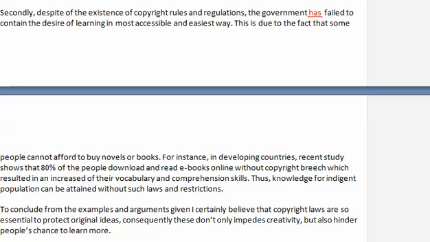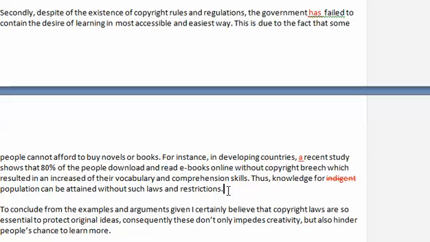For instance, in developing countries, a recent study, okay, just mention where the study comes from, shows that 80% of the people download and read ebooks online without copyright breach, which resulted in an increase of their vocabulary and comprehension skills. Thus, knowledge for indigent population, look at your vocabulary there, I'm not sure that's the correct words, can be attained without such laws and restrictions.